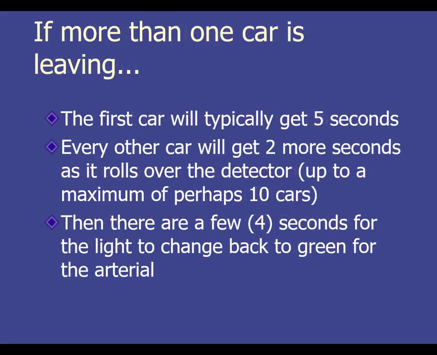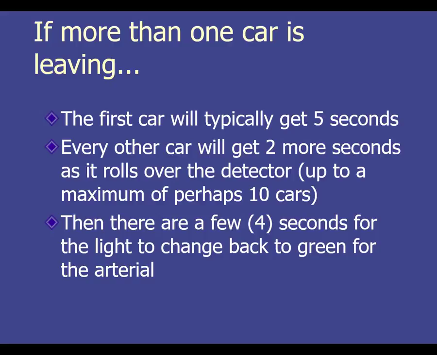So if there's more than one car, the first car typically gets about 5 seconds. Now, every other car will get an additional 2 more seconds as they roll over the detector. And maybe up to a maximum of 10 cars, so it is timed to some extent. Then there are 4 seconds for the light to change back to green for the arterial.